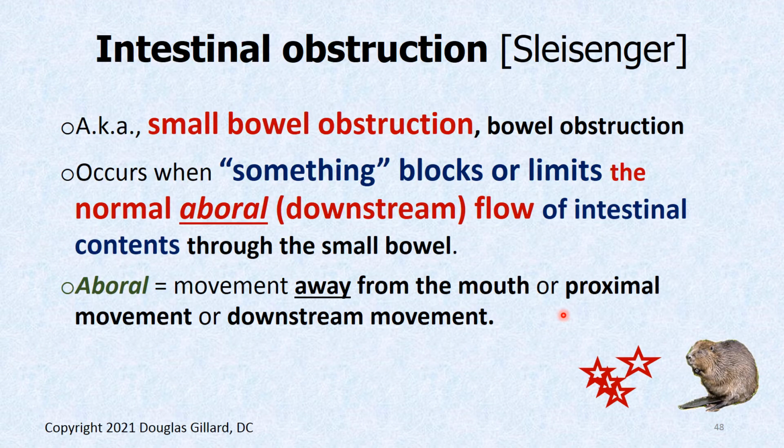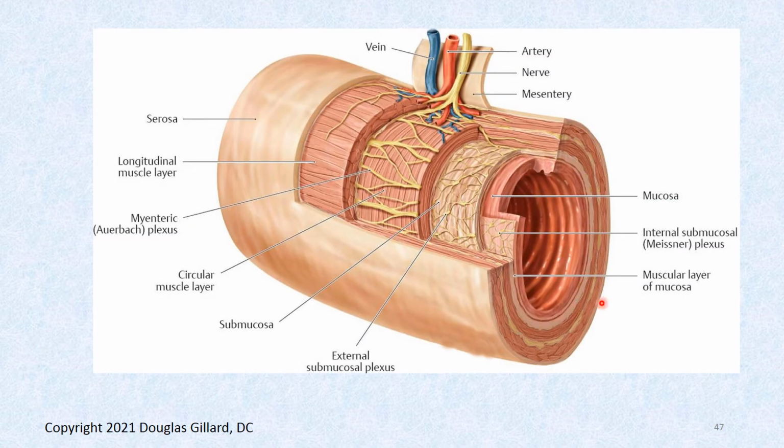Alright, so an intestinal obstruction is basically a blockage of the pipe. Let's say you have a tumor growing like this inside. Right? How's fecal material going to get through there? Maybe a little bit can get through up here.